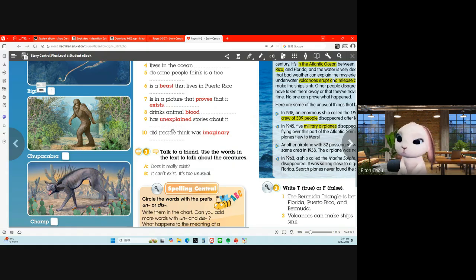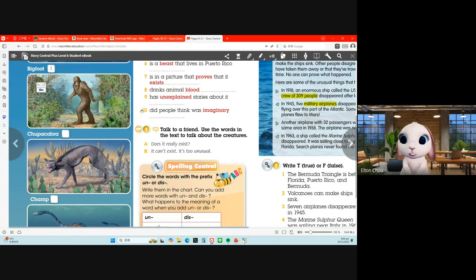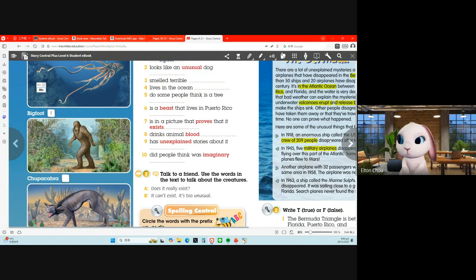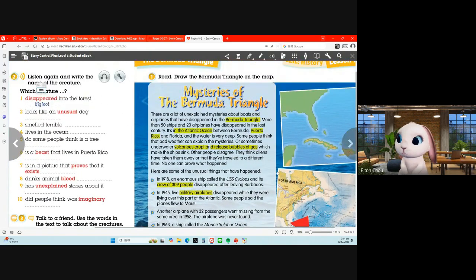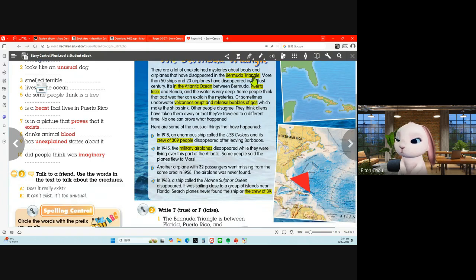unexplained stories about those monsters, about those mysteries in the Bermuda Triangle. For example, in the Bermuda Triangle, many ships and many airplanes have disappeared in this area, right?